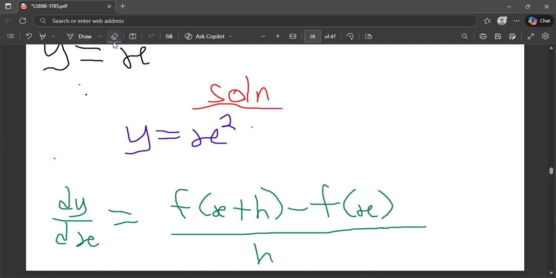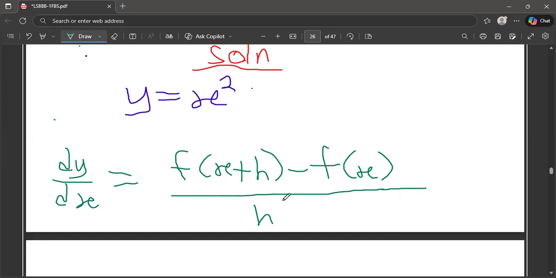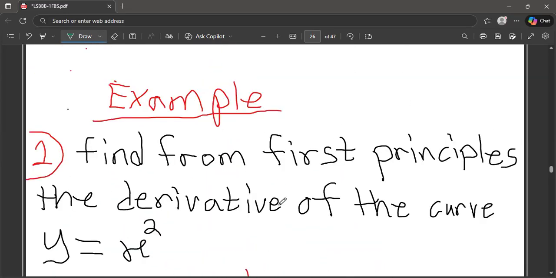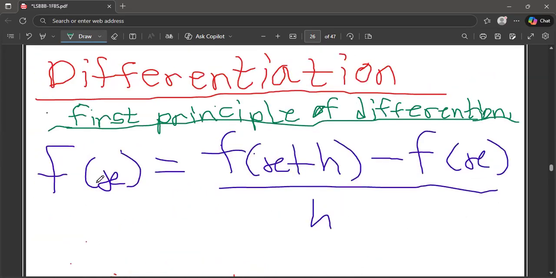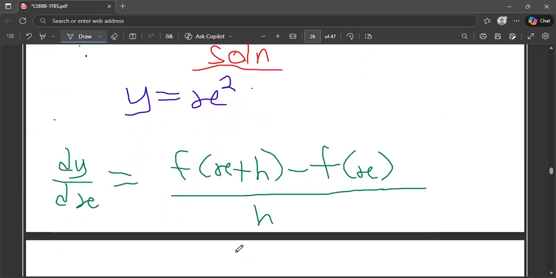Let's quickly proceed. So this is the formula. First of all, you put the formula down, and this formula over here is just the same as what I've written over here. So when you see this, don't get confused.